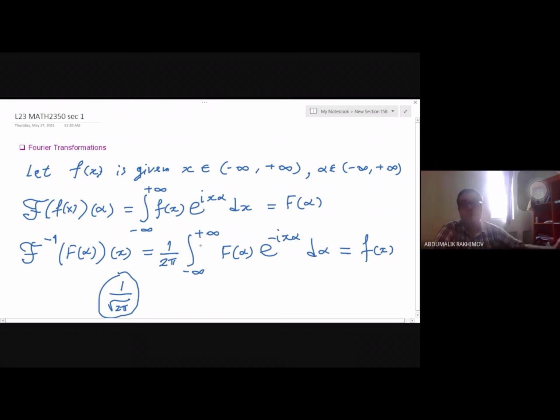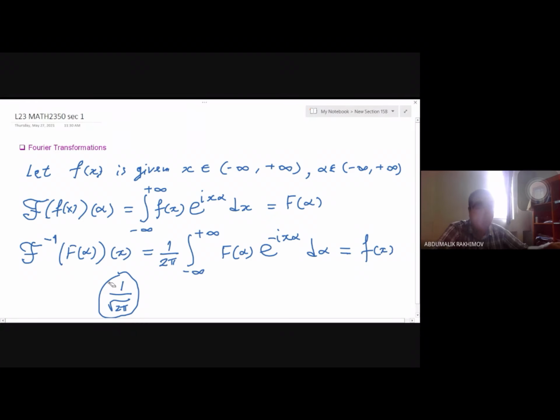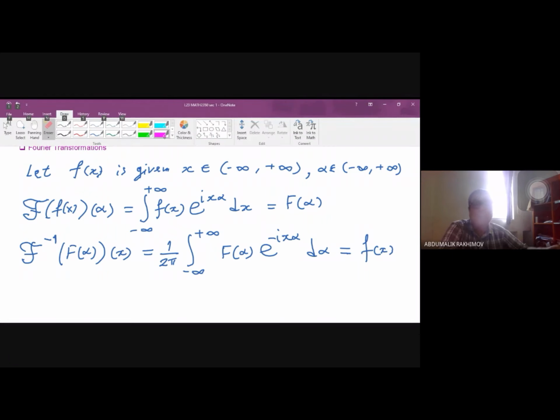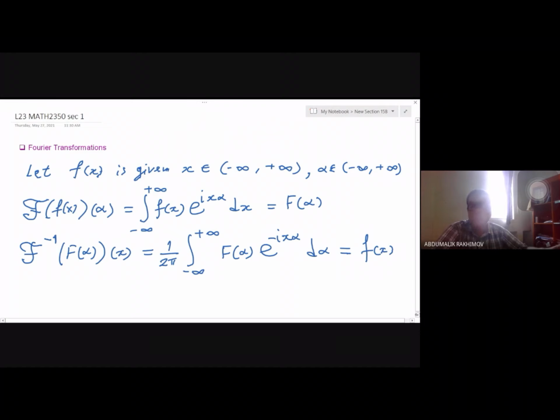But we are not going to do this. Even some books write 1/2 pi on the definition of Fourier transformation, then the inverse transformation has coefficient 1. But we will use this definition. It's easy to remember, because now it's really easy to express the Fourier transformation. Let's see.